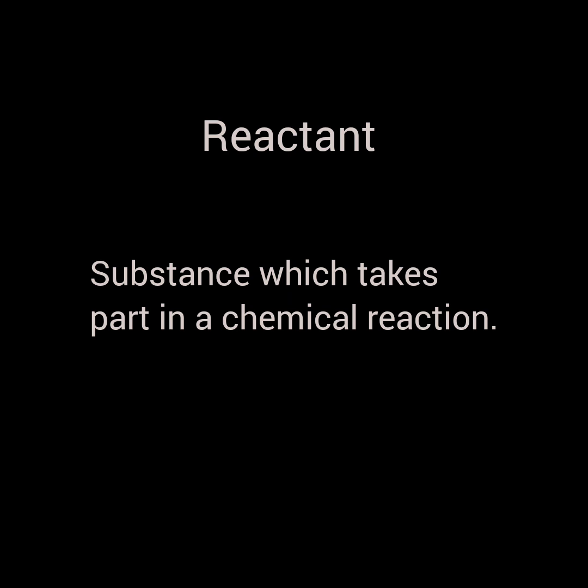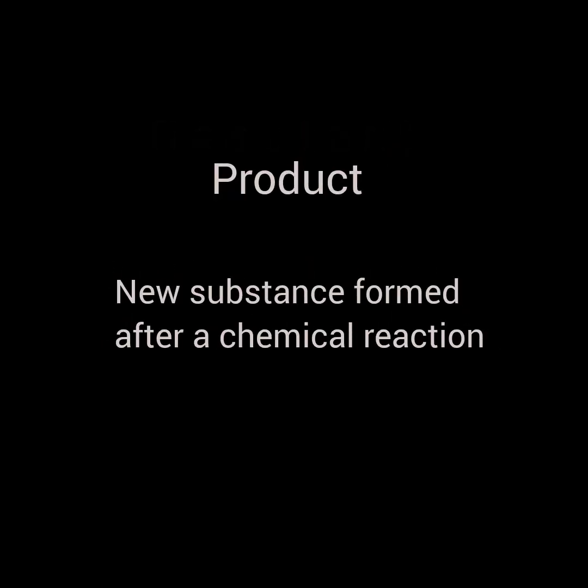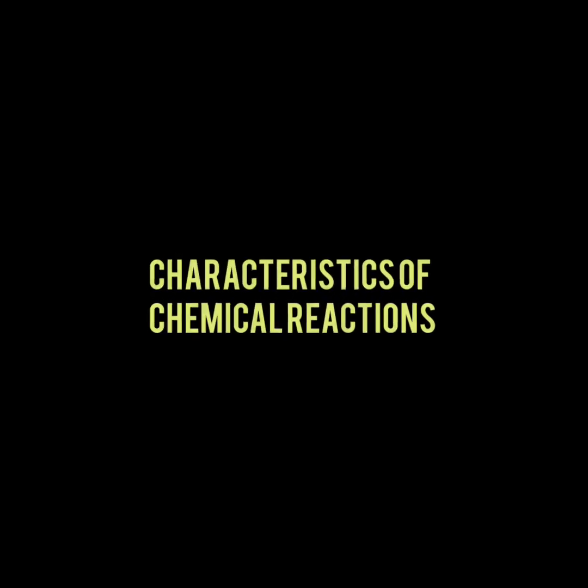Reactant is a substance which takes part in a chemical reaction. So substances which take part in a chemical reaction are called reactants. And let us see what a product is. New substance formed after a chemical reaction is called a product. So the new substance obtained after a chemical reaction is the product.